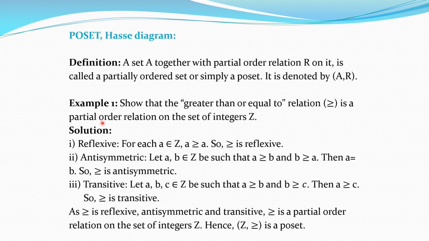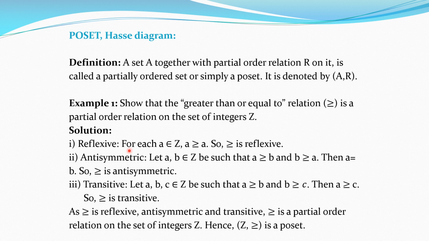Now first example: show that the greater than or equal to relation is a partial order relation on the set of integers Z. It means Z together with greater than or equal to is a POSET. That is another way of asking the question. So to show it is a partial order relation, we show it is reflexive, antisymmetric and transitive. So for reflexivity, every a in Z must be related to itself.